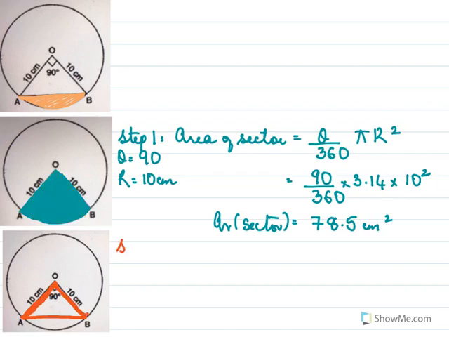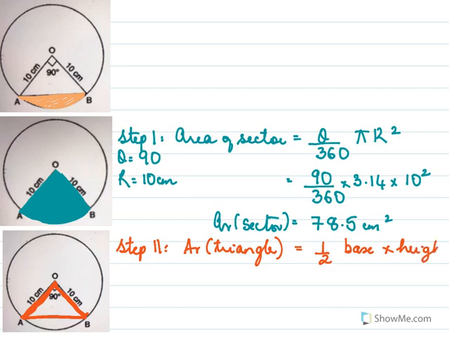So step 2, we need to find the area of the triangle. Now we know the area of a triangle is half base into height. In this case, we can take our base as OA. Here OA will be the base. It's a right angle triangle.